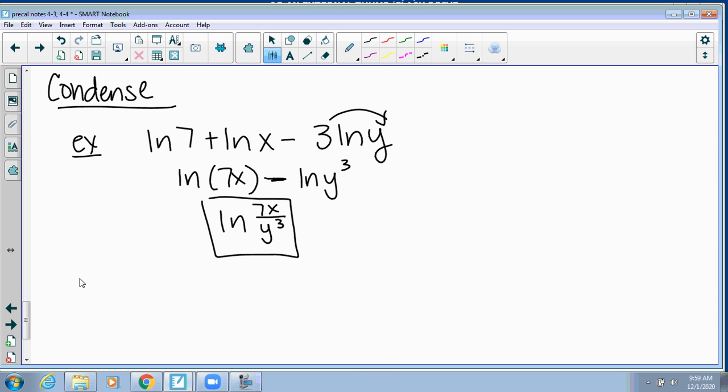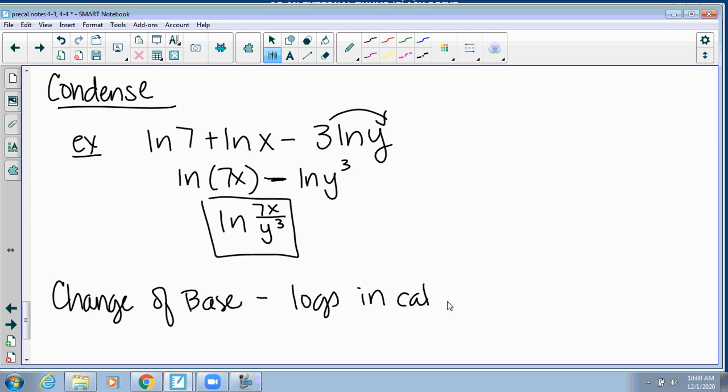And our last thing that I'm going to show you is how to evaluate your logs in the calculator using change of base. So really, change of base, this is how we do the logs in the calculator if they have the log notation disabled, which I know all the ones at school do.